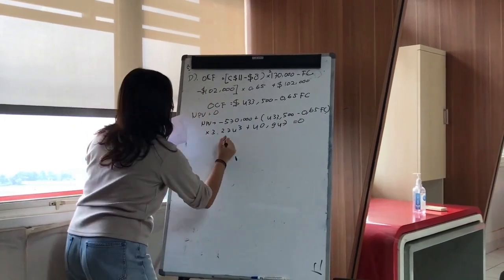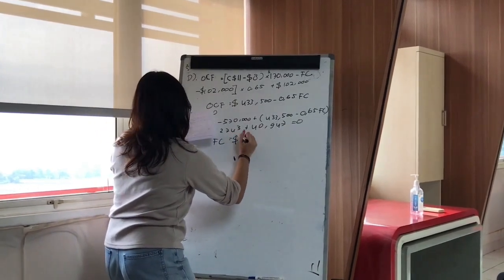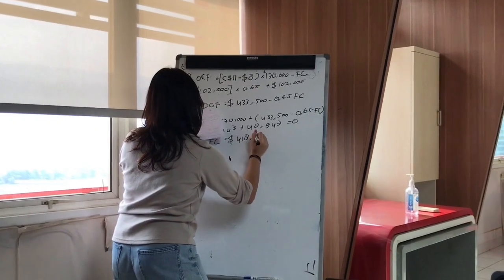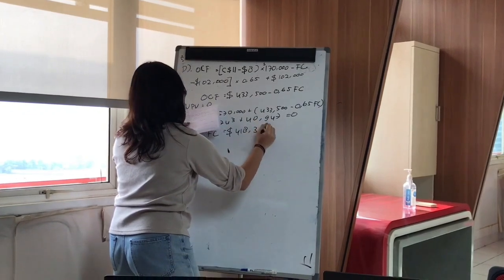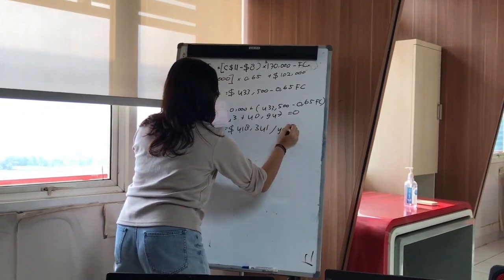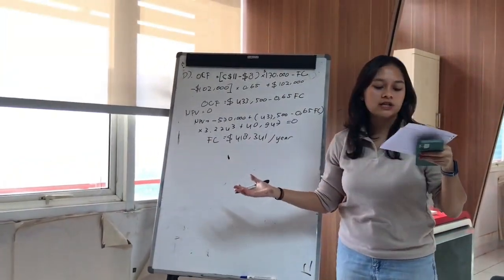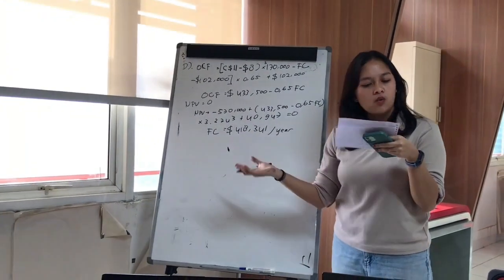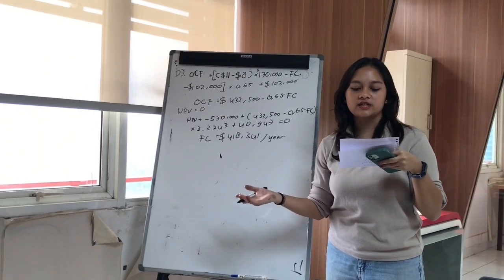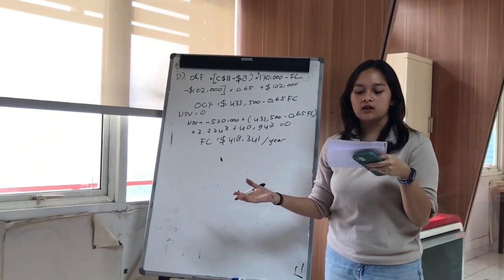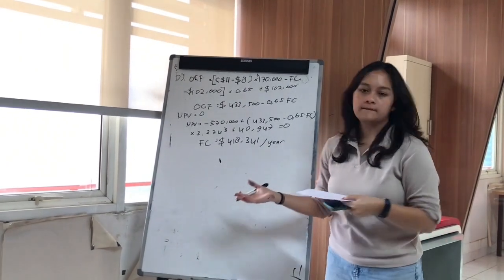If we calculate it, we can get that the fixed cost is equal to 418,341 per year. This is higher than the original fixed cost, which is 160,000. Why? Because the higher revenue at $11 versus $10.8 allows the higher fixed cost to be absorbed. And that is all from me.